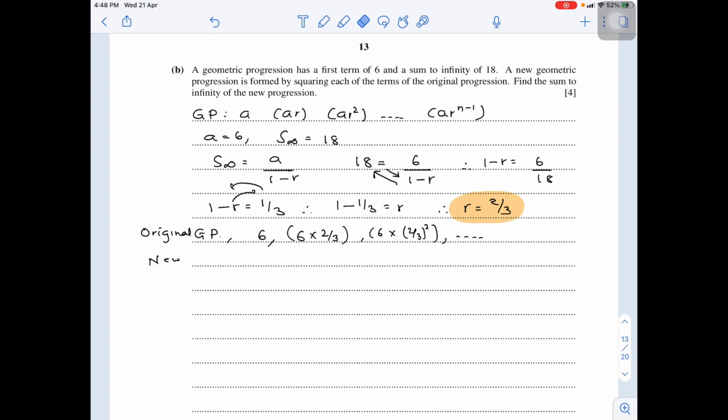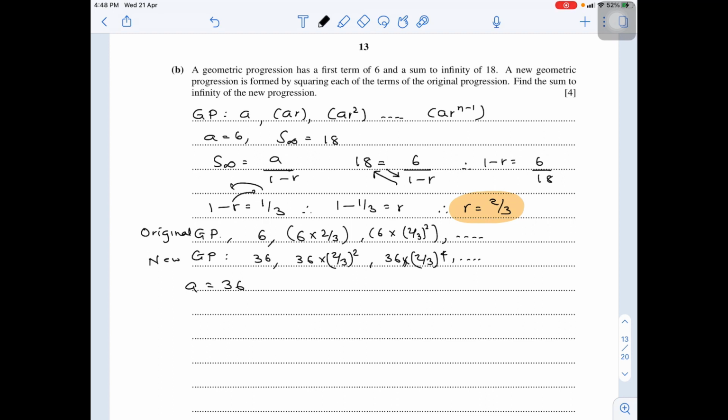For the new geometric progression, it is 36, then 36 times 2 over 3 squared, then 36 times 2 over 3 to the power 4, and so on.